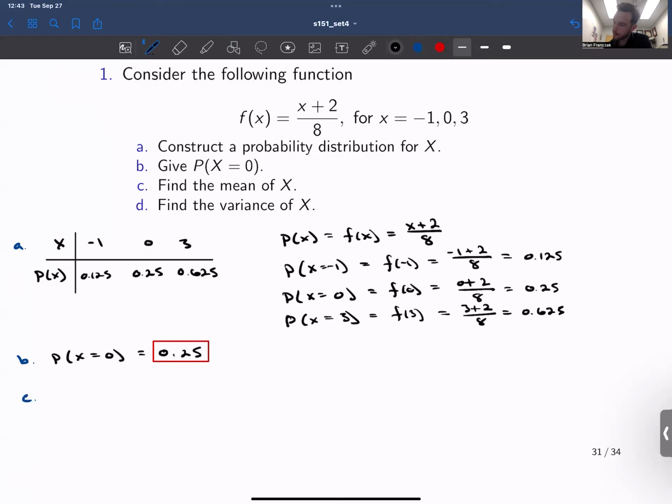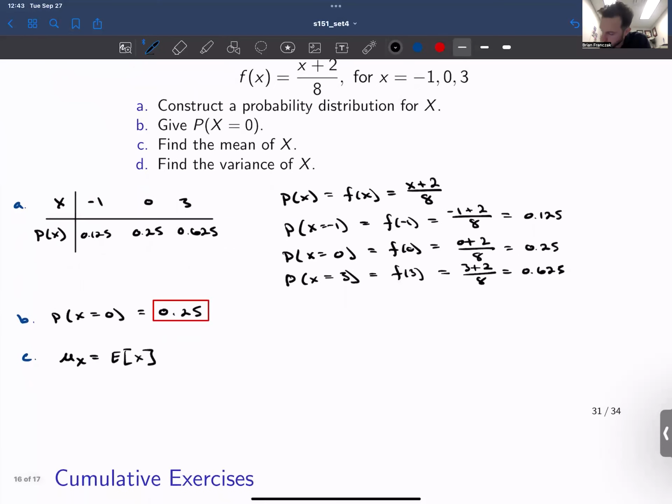C, find the mean of x. Okay, so we are working with a general discrete random variable. So again, the mean of x and the expected value of x, these are the exact same thing. So we're going to have the sum across all x of x times the probability of observing its value.